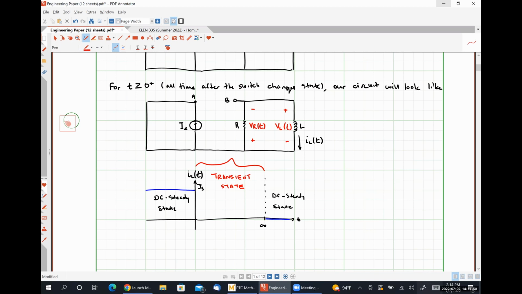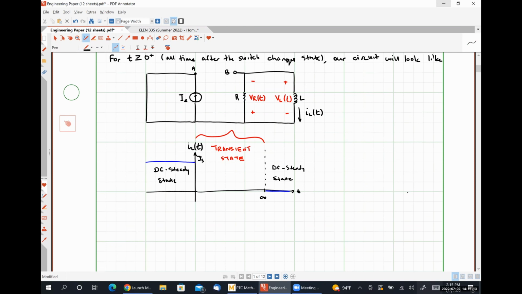And I have chosen the positive polarity terminals for both of those voltages such that our inductor current IL of t is flowing into the positive polarity terminal of those components for t greater than or equal to 0 plus.